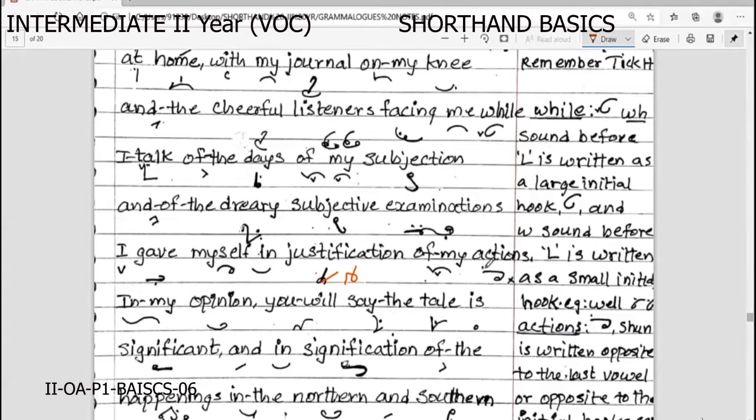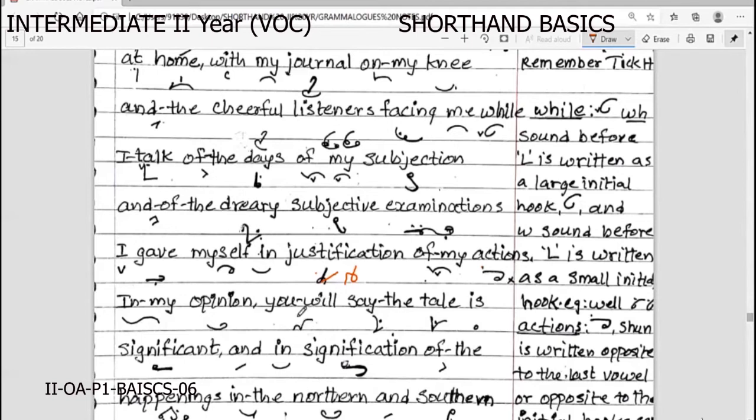In this word, there is no initial attachment, but you have a vowel here. So this is the first vowel, this is the last vowel. So action: this side, so you write shun on the below side or the opposite side. Actions. In my, this is N above the line and M for my. Opinion is NN, Hookien, opinion.